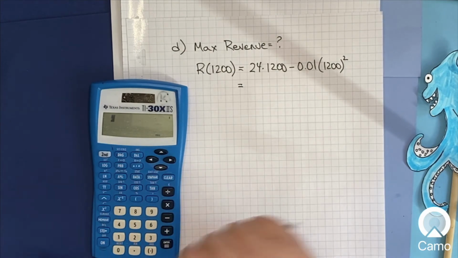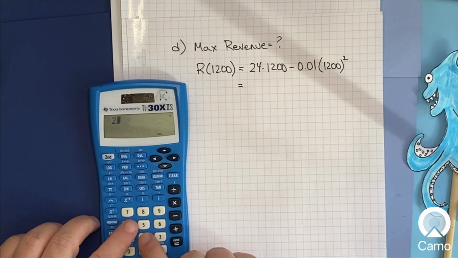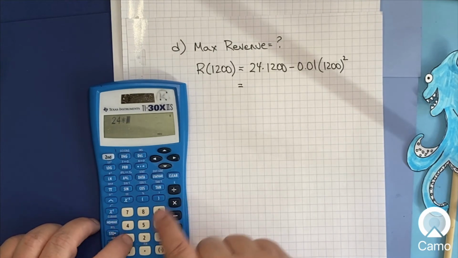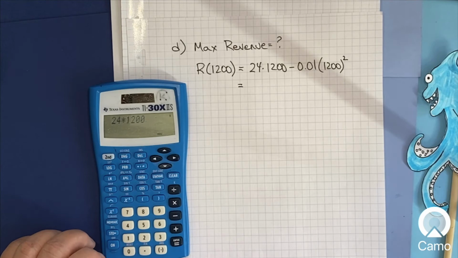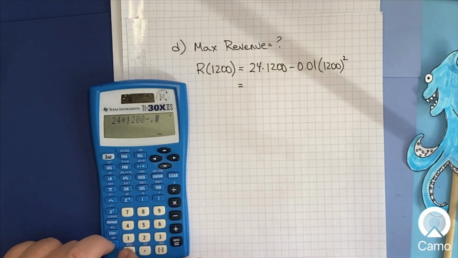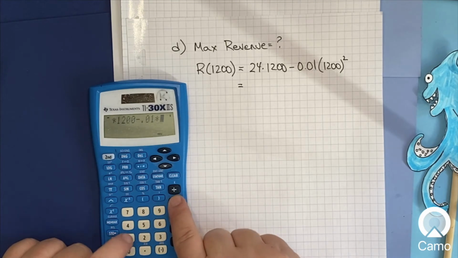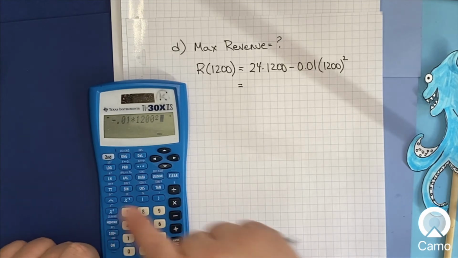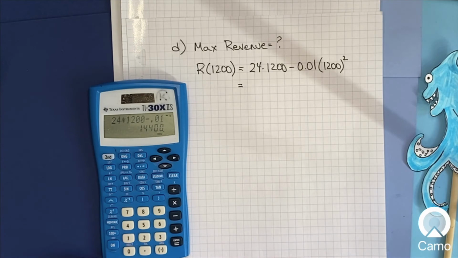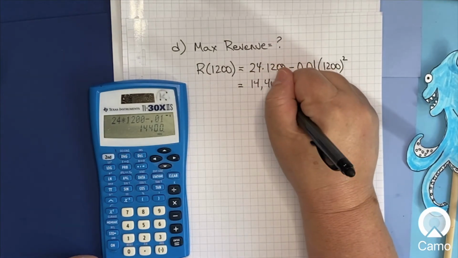Okay. So let's take a look and plug this in. I've got 24 times 1,200. And then I want to double check. Yes, 1,200 minus 0.01 times 1,200 squared. And I get 14,400.